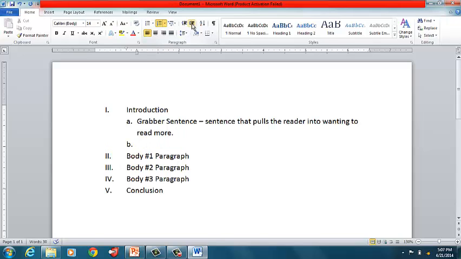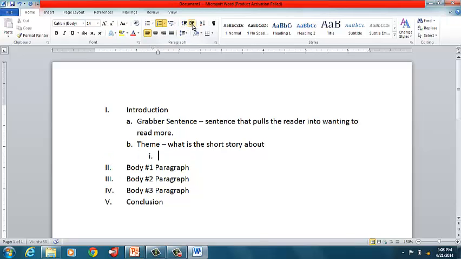Now here, for the introduction, we've met the grabber sentence. Instead of doing background information of the topic, we're actually going to look at the theme. So here's one of those literary terms. The theme is, what is the short story about? This is where you, as the writer, tell me, as the reader, what was the gist of the overall short story.